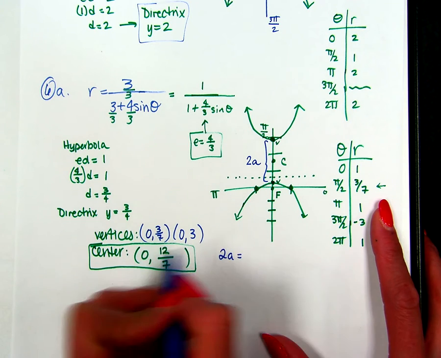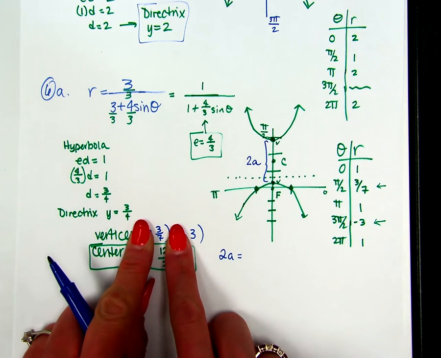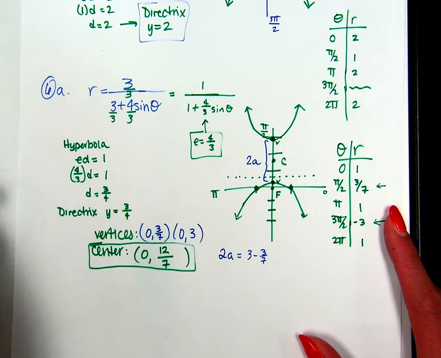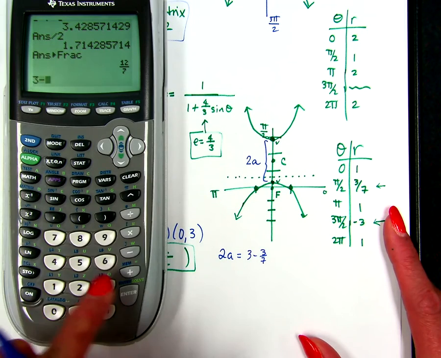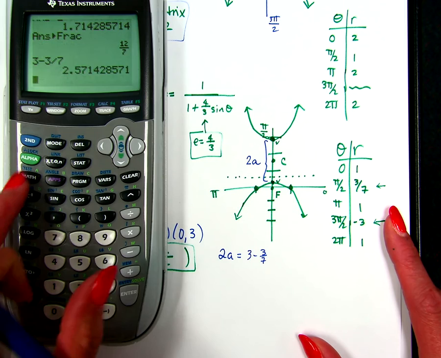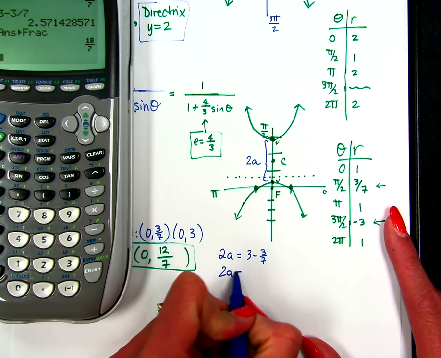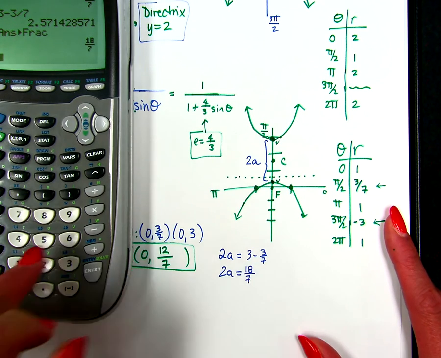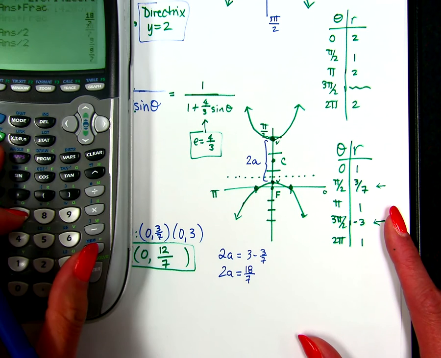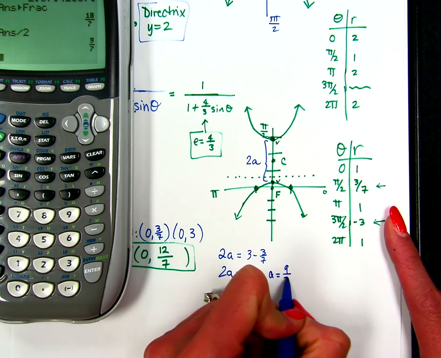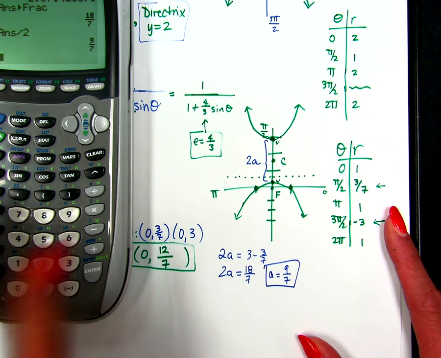So since the x-coordinates are 0, we can just subtract 3 minus 3/7. All right, so 3 minus 3/7 is 18/7. So 2A is equal to 18/7. And if I divide that by 2, that gives me 9/7. So A is equal to 9/7. So that answers another question.